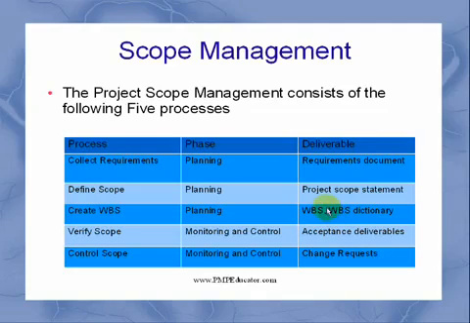And then after you have created the work breakdown structure in the planning phase, you go through your execution phase, and you also want to verify that whatever you have built in your execution phase is acceptable. So you are in the monitoring and control phase, the process is verify scope, and the deliverable is acceptance deliverables.